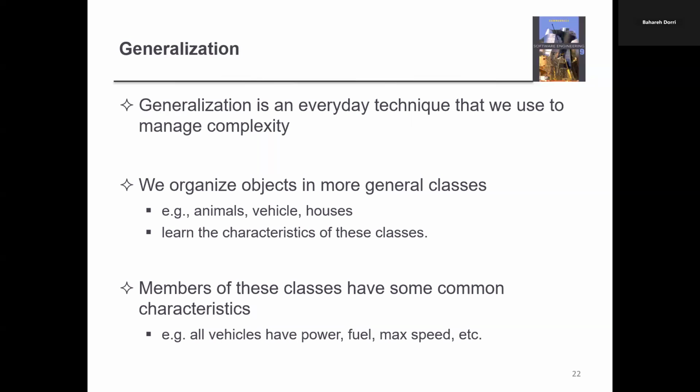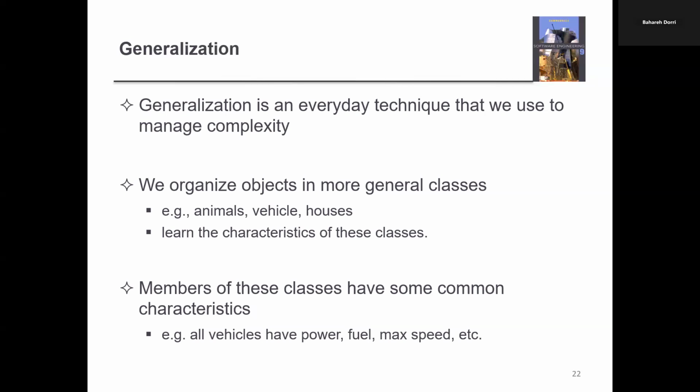So now why does this matter in software? Because when we design systems, we do the same thing. We group objects into general classes, and from there, we can define shared characteristics and behaviors. It's way more scalable and reusable than handling everything individually.